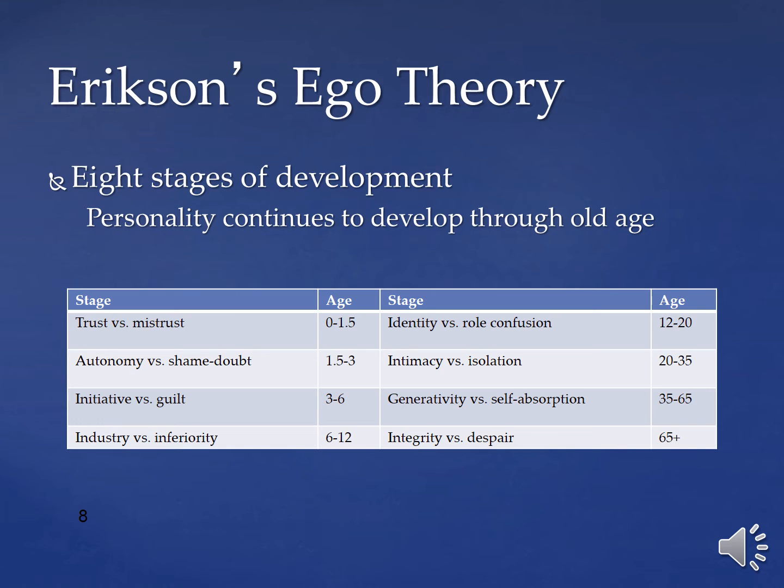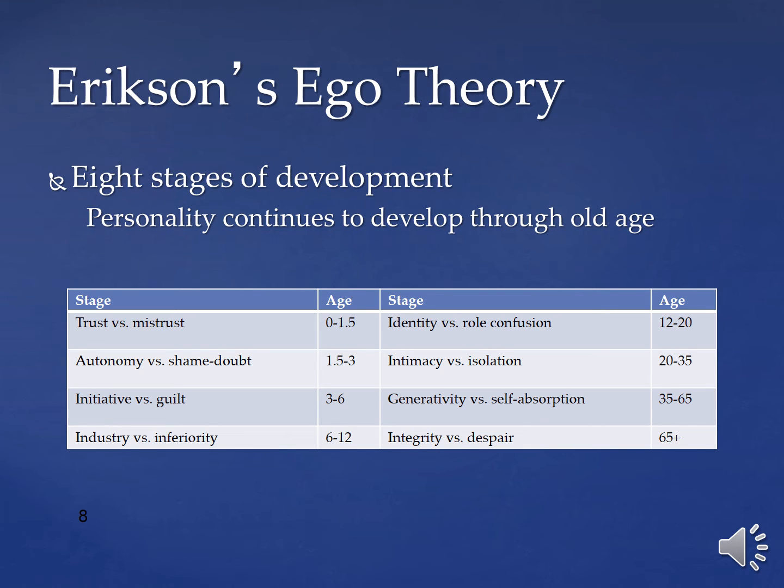And I'm going to use, for example, identity versus role confusion, what goes on between the ages of 12 and 20. So we know that during adolescence, the number one psychic goal is for the adolescent to develop a sense of identity. If something happens to disrupt this process, they end up with role confusion.